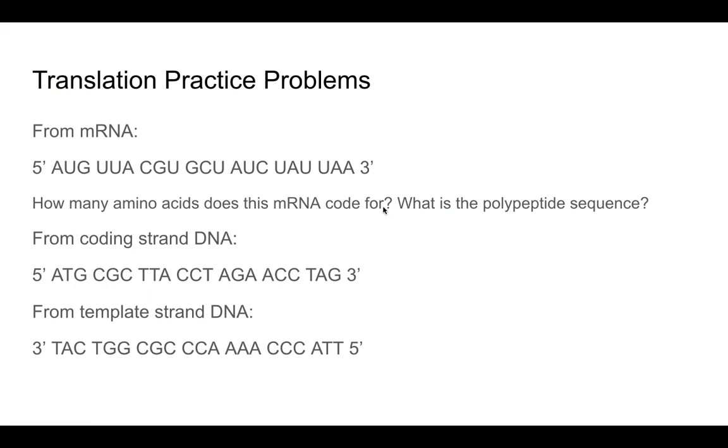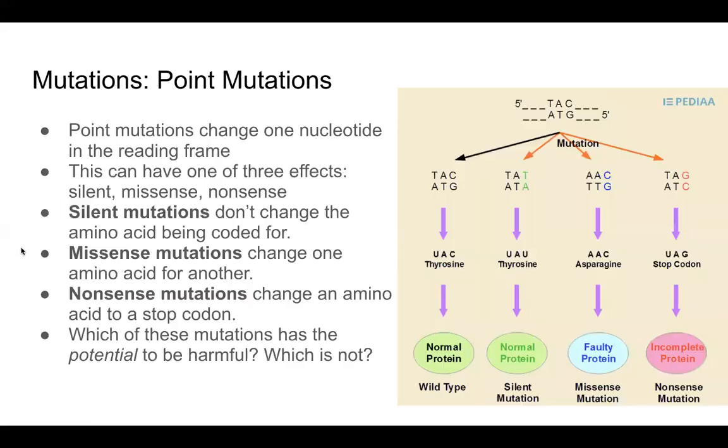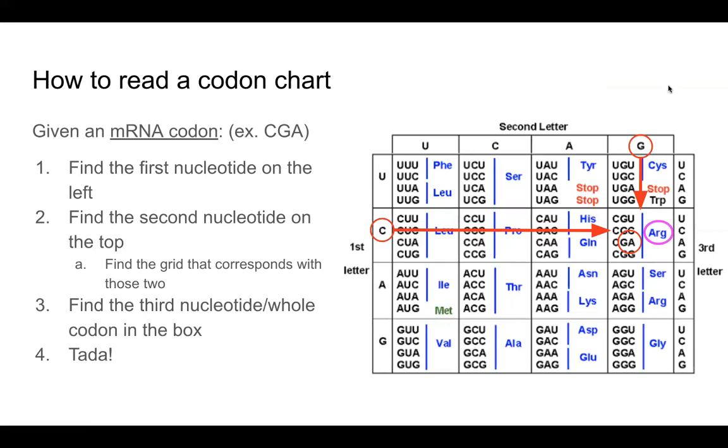So with AUG, we know that that's going to be methionine. UUA is going to be leucine, and I can just read off the rest. CGU is going to be arginine. GCU is going to be alanine.